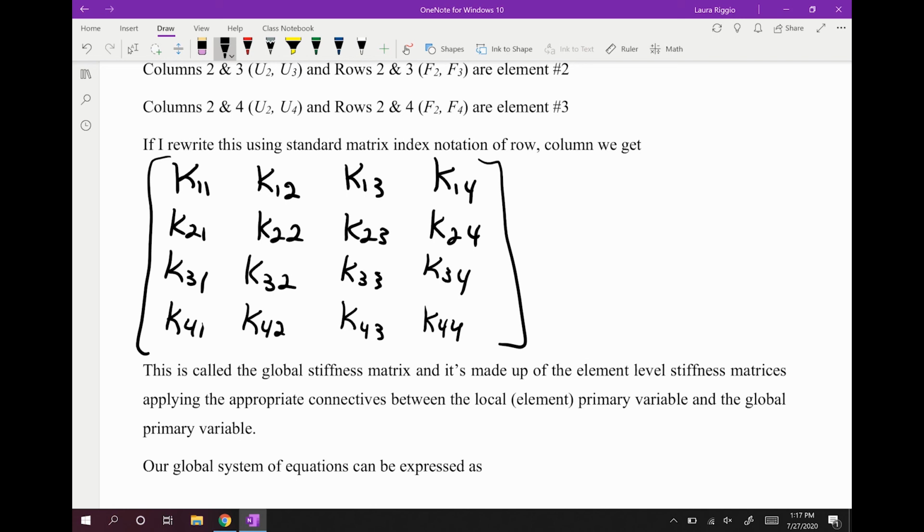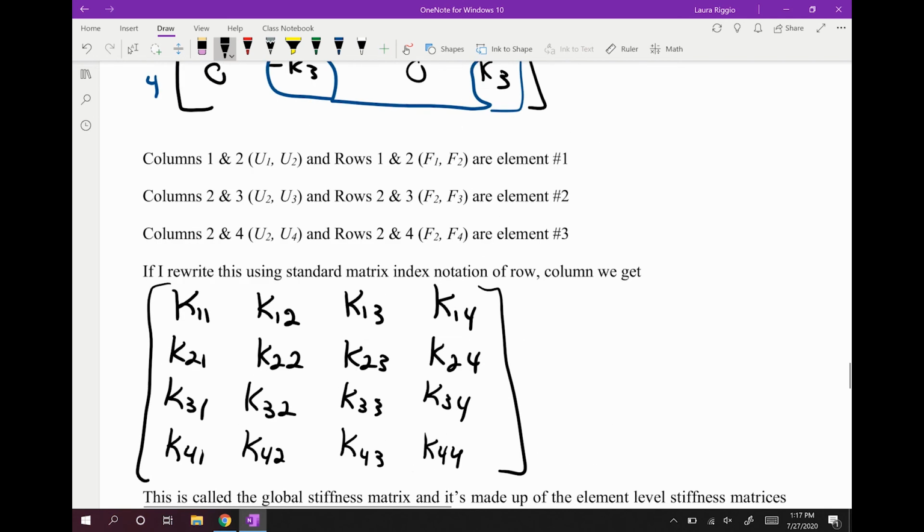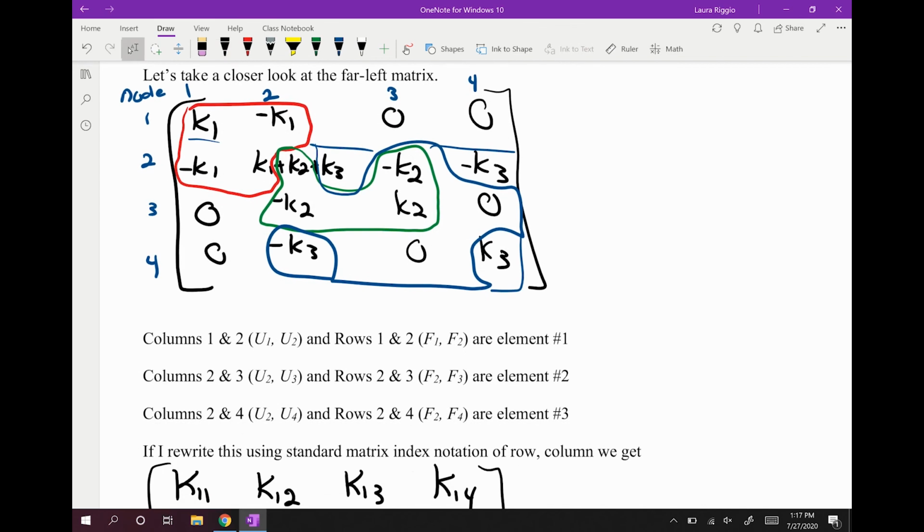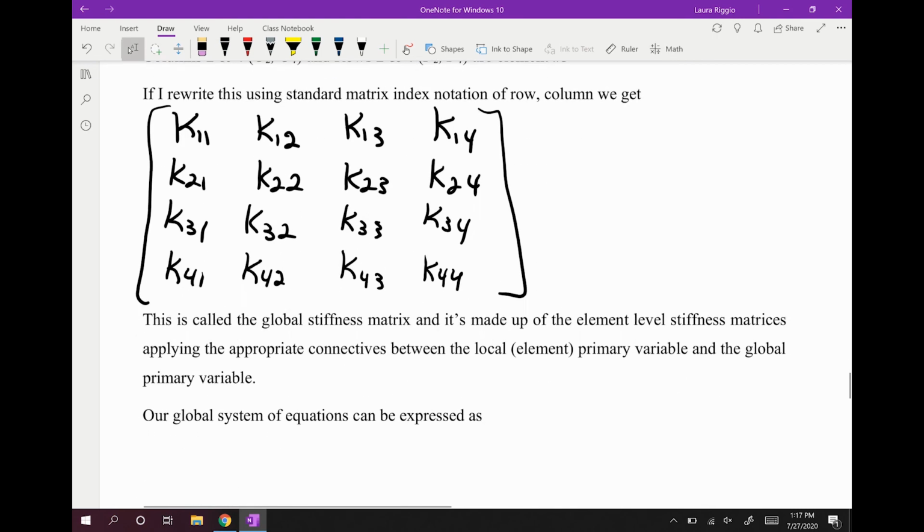And then this is our global stiffness matrix, and it's made up of the element level stiffness matrices, applying the appropriate connectivities. So each one of the values in here is related to our element level stiffness matrix, that little ke times 1, minus 1, minus 1, 1. So this is called K. There's no ke because this is just your global stiffness matrix for the entire system.